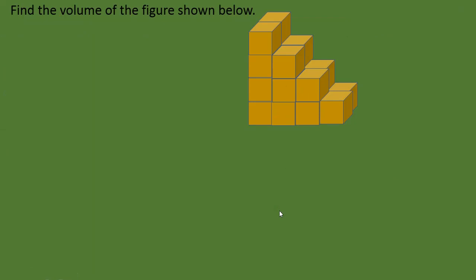Find the volume of the figure shown below. So here the cubes are arranged in this shape. So we have to find the volume of this shape. Here we have to count the total number of cubes. In the bottom layer we can see 1, 2, 3, 4, and it has two lines. So 4 into 2, 8 cubes.